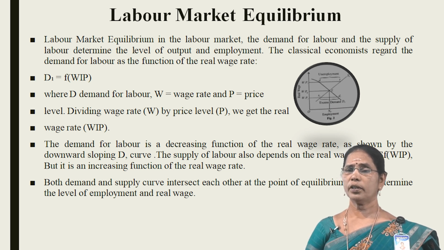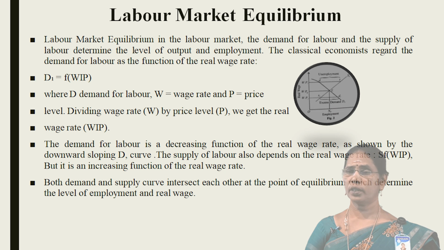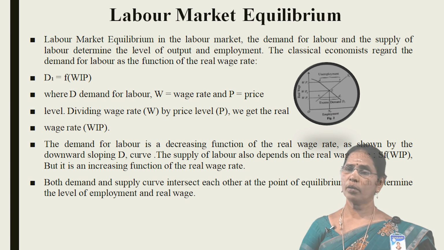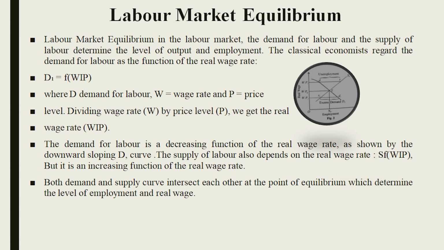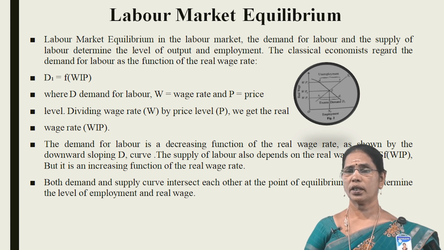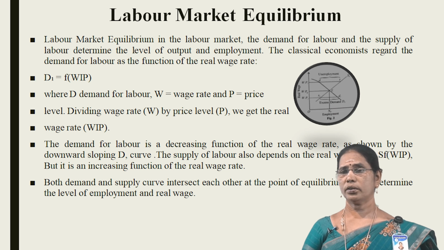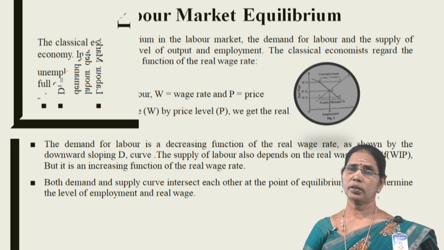The demand for labor is a decreasing function of the real wage rate, as shown by the downward sloping demand curve. The supply of labor also depends on the real wage rate, but it is an increasing function of the real wage rate. Both demand and supply curves intersect each other at the point of equilibrium E, which determines the level of employment and the real wage. Sometimes the demand is in excess, sometimes the supply is in excess.